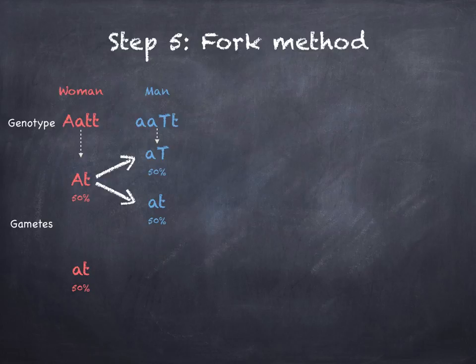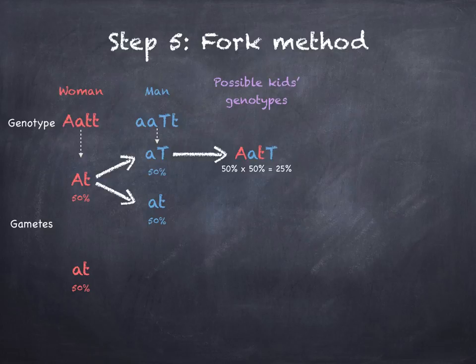In the case where you have the gamete big A, small t put together with the small a, big T, the resulting genotype for the kid is big A, small a, small t, big T. This has 25% chance to occur because you basically have 50% of the 50% possibilities of having this genotype.